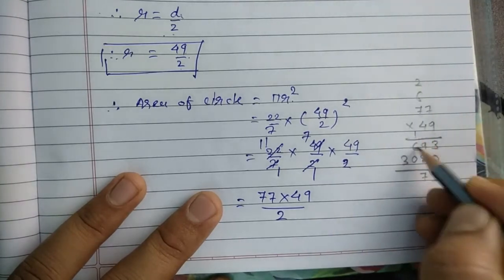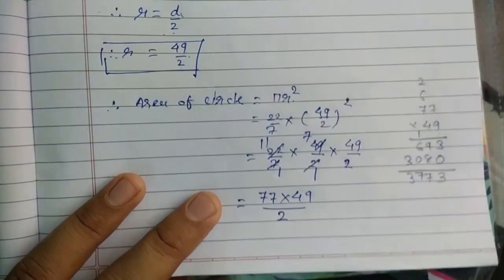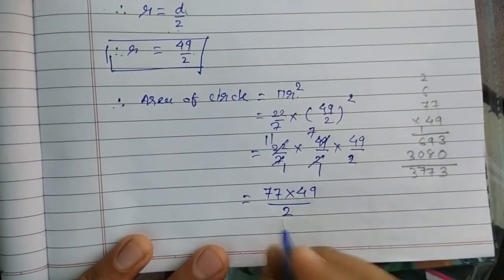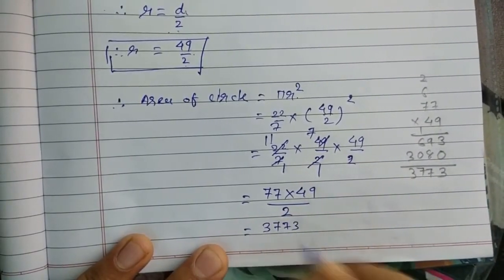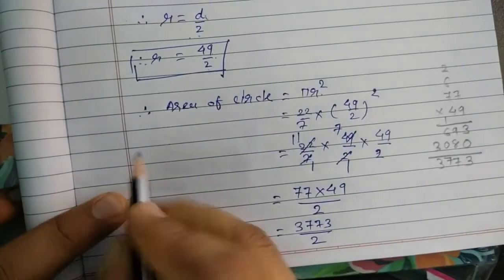Here 1 will come. 1 plus 6, that is 7, and this is 3. So here when we multiply 77 by 49, we get 3773 divided by 2. Here we will do this division.